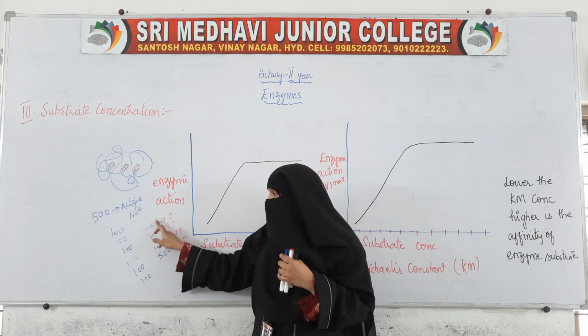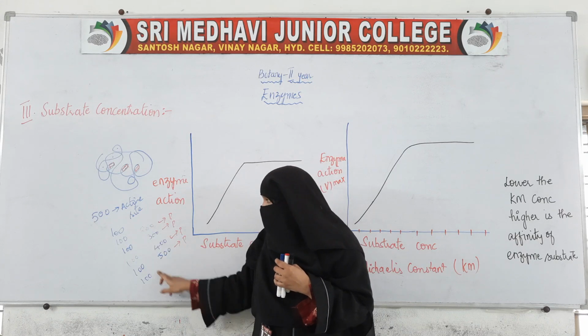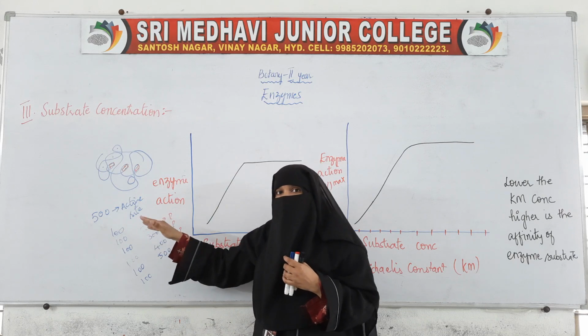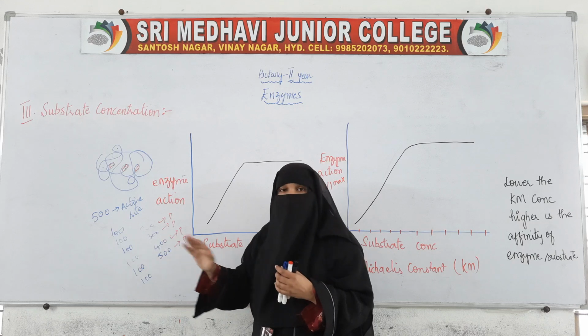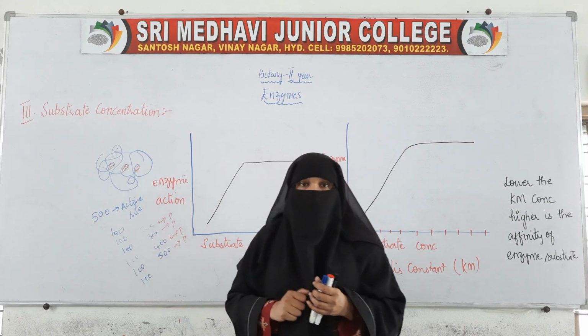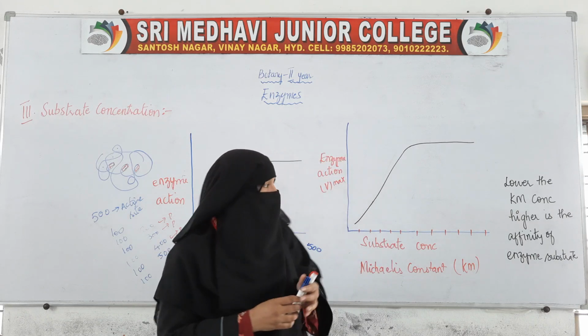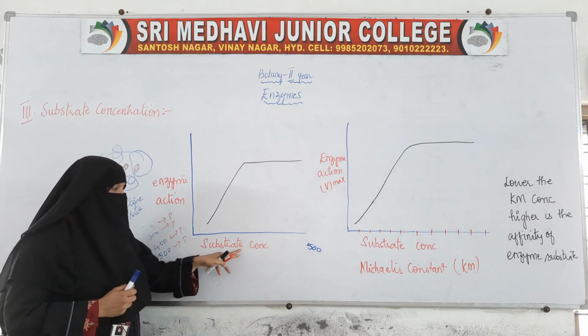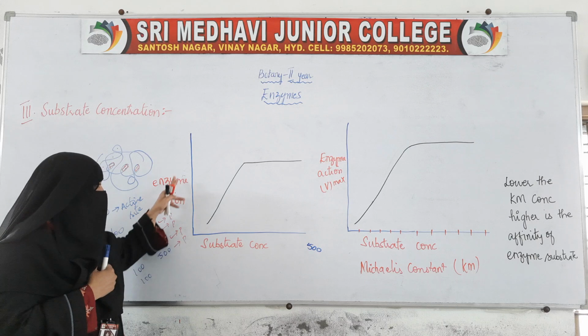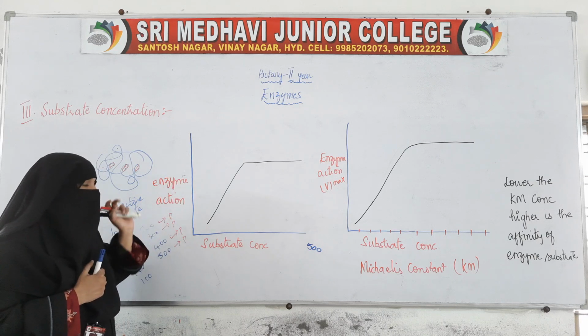Now these sites will become empty. The 600 will go here, but the product will be only 500, because the product will be stable. So if we plot this in the form of a graph, on one side I have taken the substrate concentration and on the other side the enzyme action.